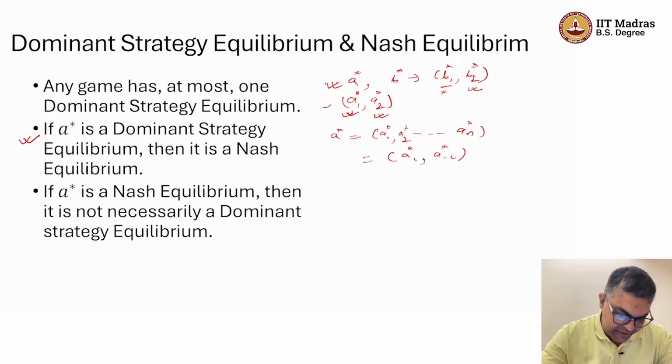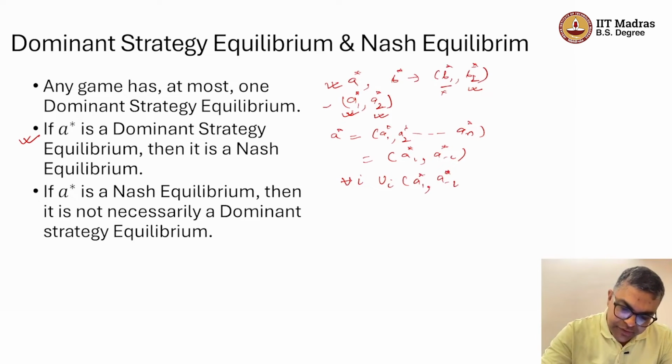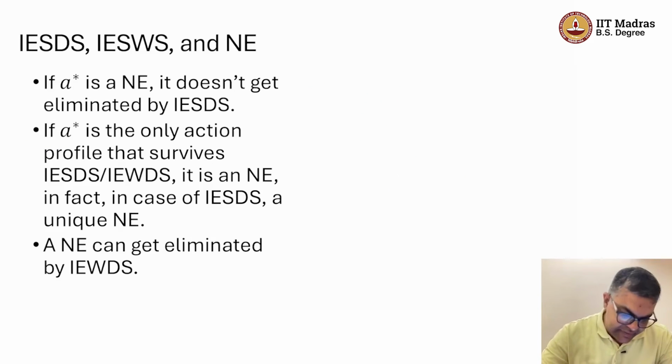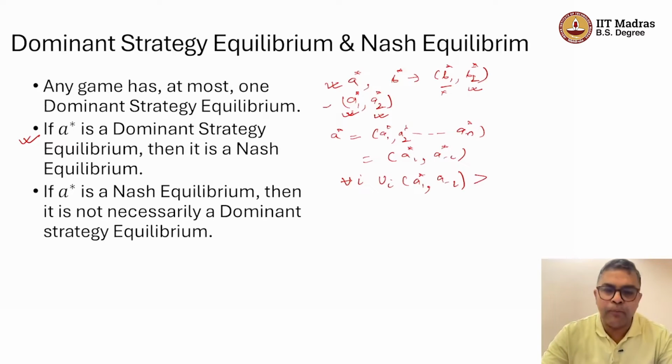If A star is a dominant strategy equilibrium, we can say for all i, player i's utility from Ai star, no matter what other players are playing, we don't need to give a star here because this is dominant strategy, is always more than or at least the same as any other strategy. So we will show it for strictly dominant strategy equilibrium.